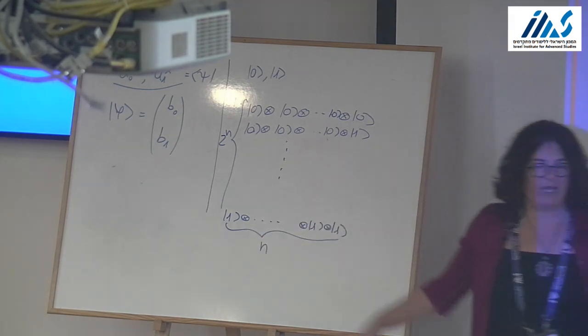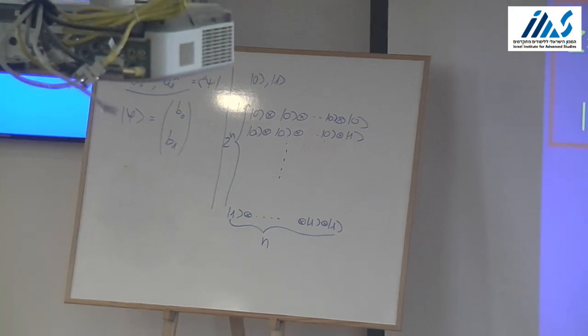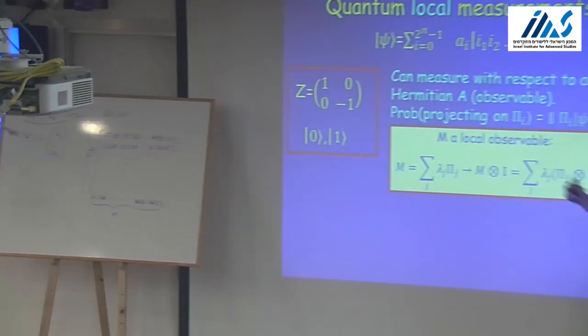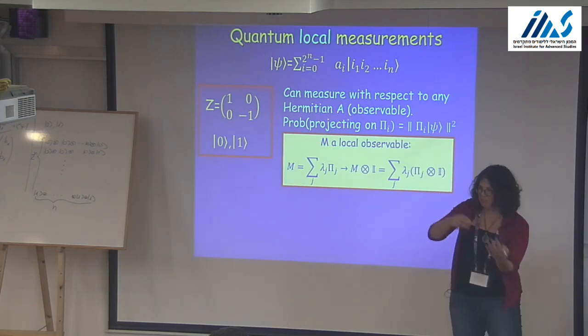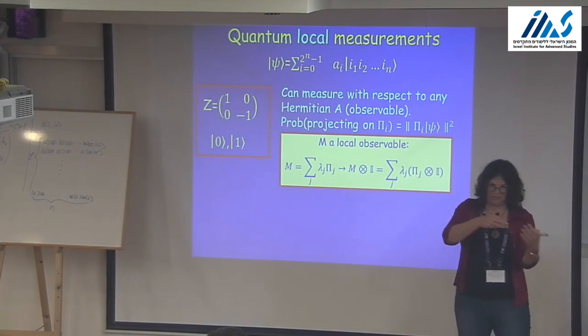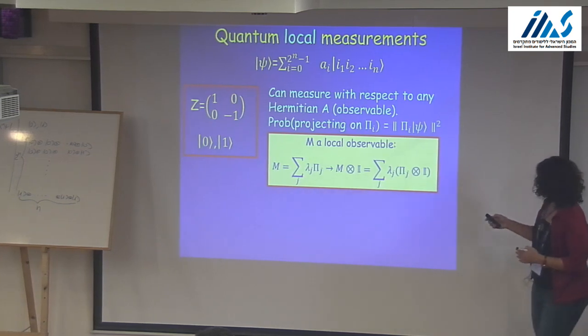Okay? So when we say we measure the first qubit, we basically mean that we look at the decomposition, the direct sum of these two subspaces, and we ask what's the norm of the projection of the state on the first subspace, and what is it on the second subspace?